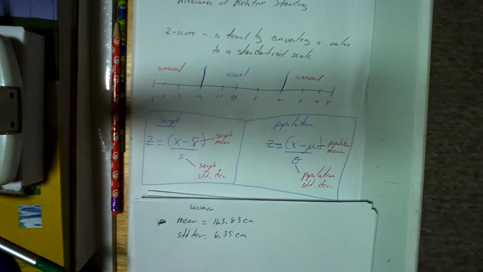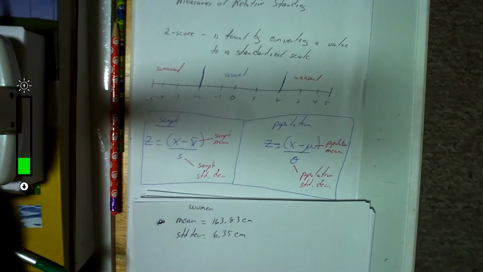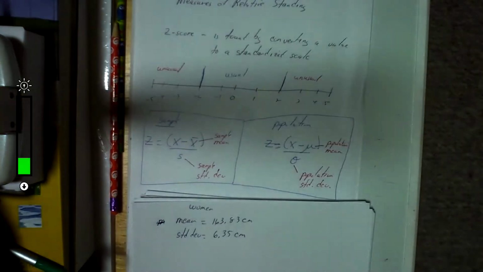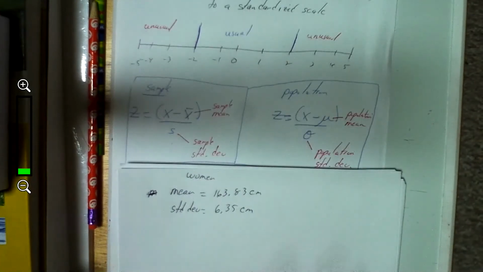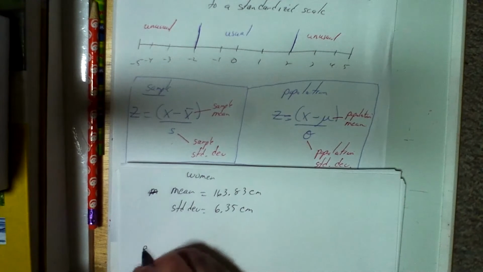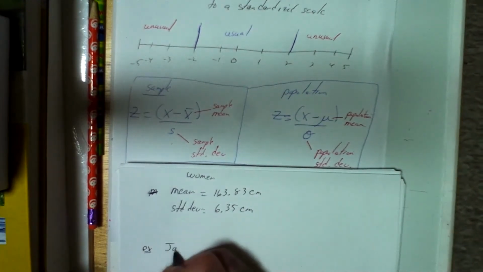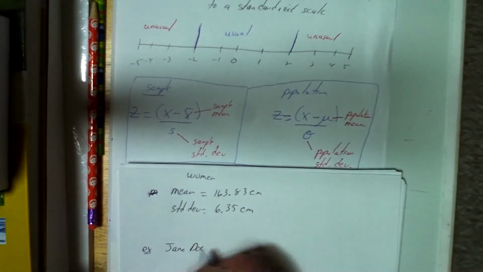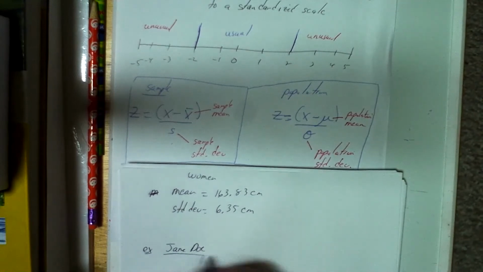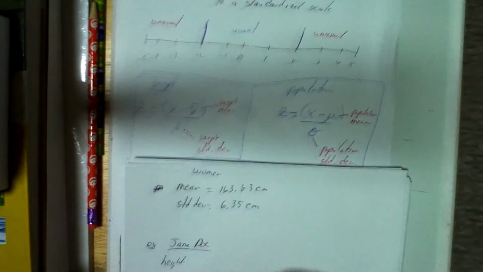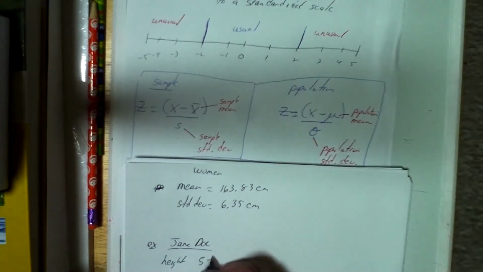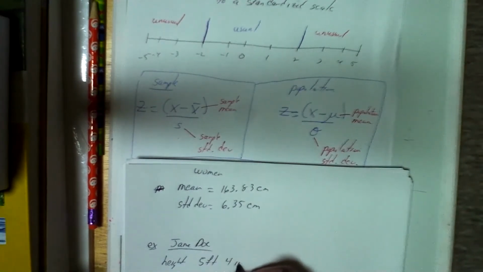Let's say I ask a woman what her height is, and we'll just call her Jane Doe. Her height is, let's say, 5 feet 4 inches.